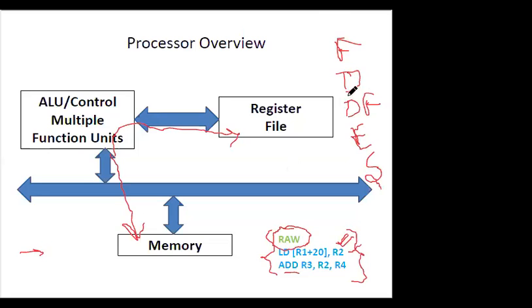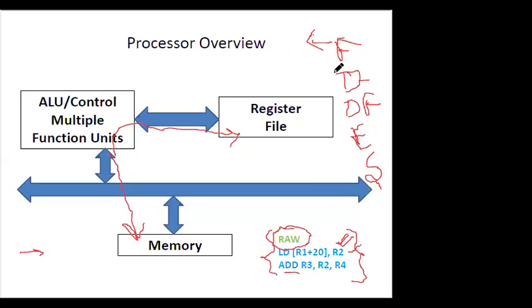Let us say the load instruction was in the fetch unit, so it was being fetched, then it was decoded. When the load instruction was being decoded, the fetch stage was loaded with add R3.